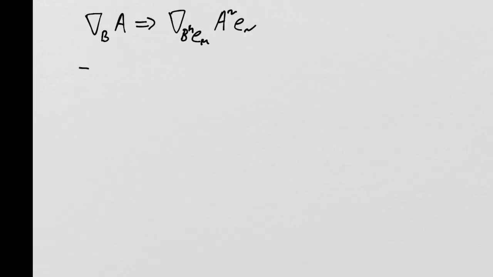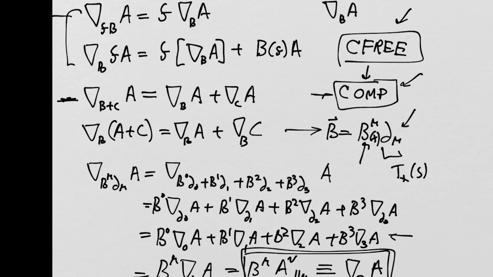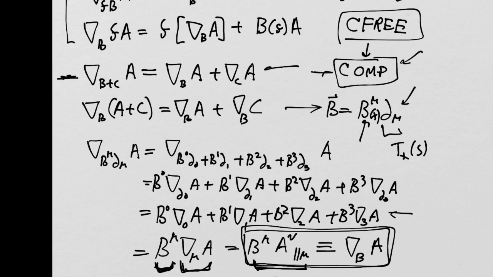And so I'll begin with the easy one, which will be B mu E mu A nu E nu, like that, where I've used a combination of this and this, just like I did down here, right? Where I broke it all down, I used the linearity and then I recollapsed it back into this thing here.